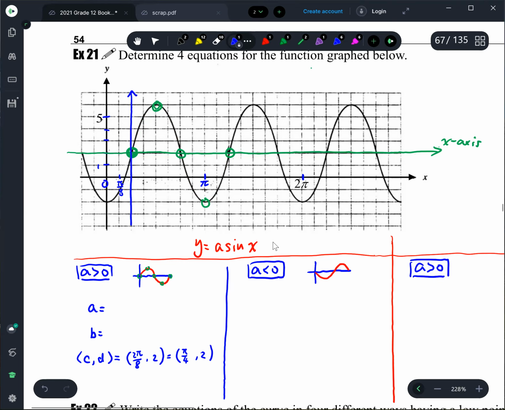So this one is for A greater than 0. You can find the A by counting, or you can use the formula maximum minus minimum divided by 2. And then for B, you need to know the period.